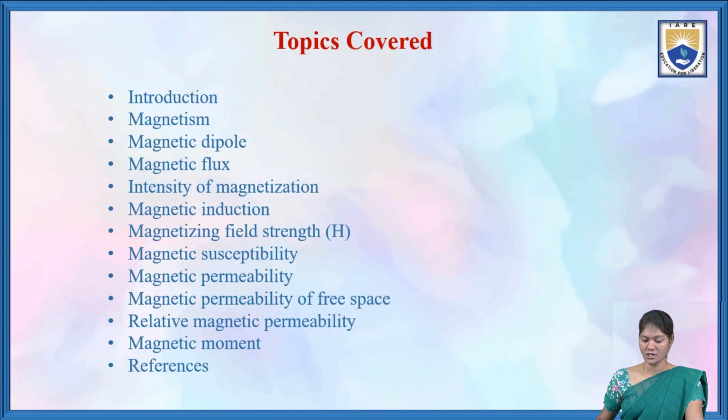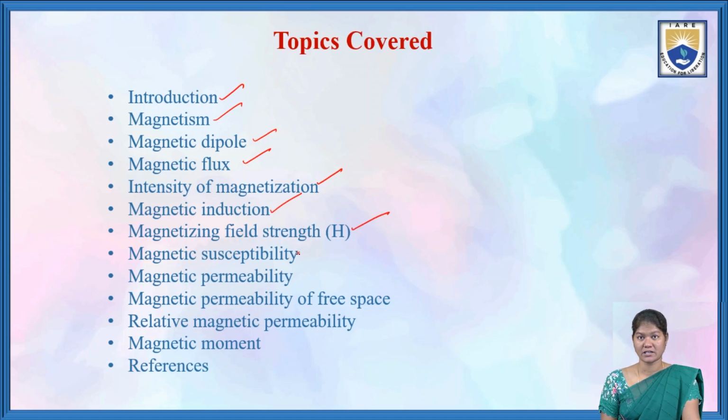Here, we are going to cover the topics: introduction of magnetic materials, and then some of the basic definitions: what is magnetism and magnetic dipole, magnetic flux, intensity of magnetization, magnetic induction, magnetic field strength, what is magnetic susceptibility and what's the formula for magnetic susceptibility, and magnetic permeability, and what about the magnetic permeability of free space, that is mu naught, and relative permeability.